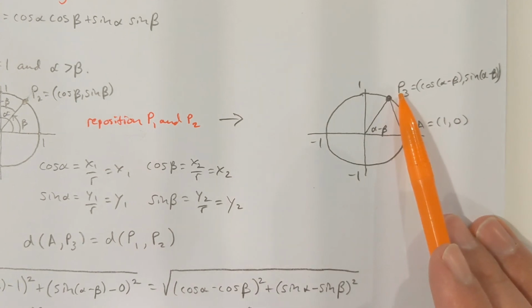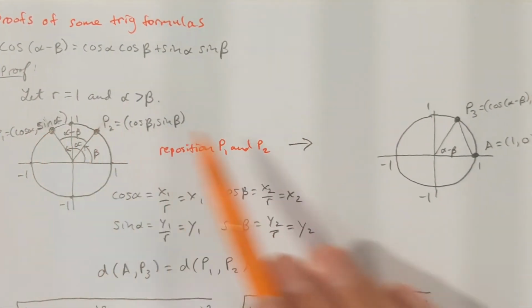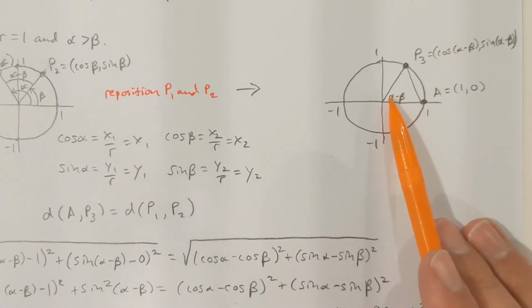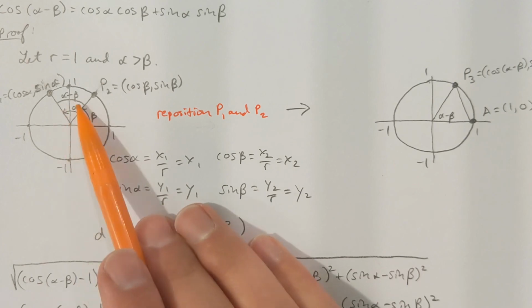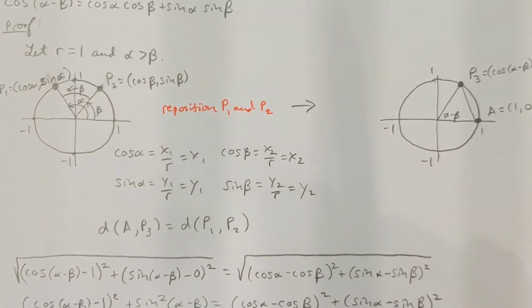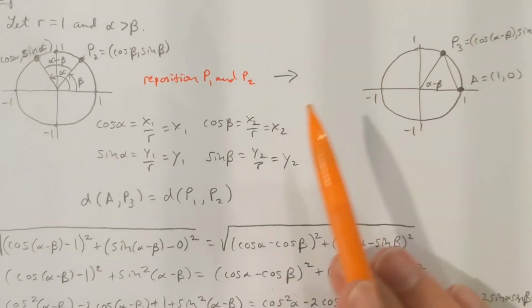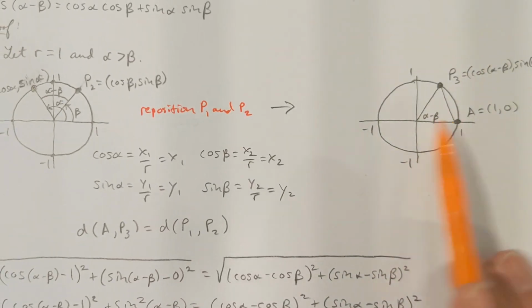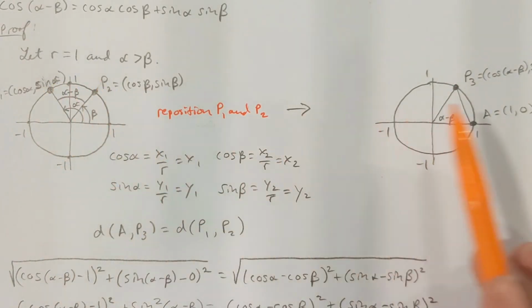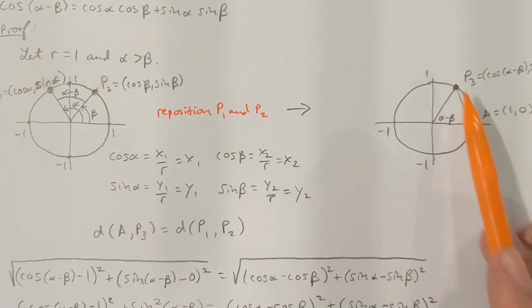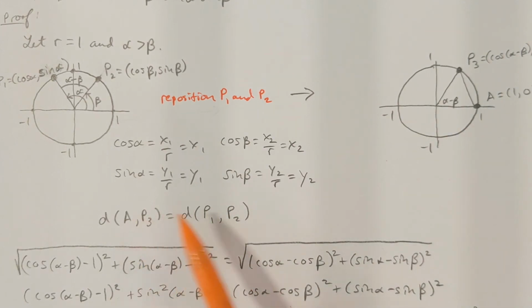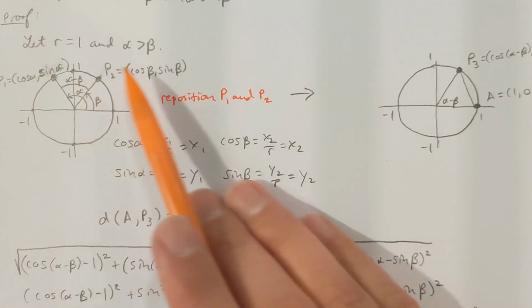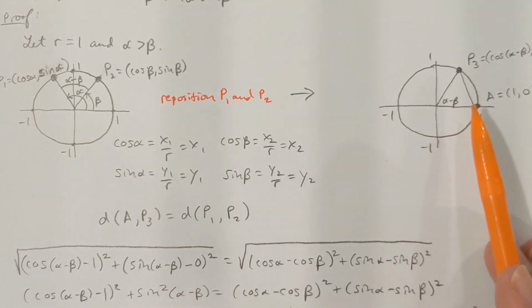Here is point P3, which would be the relocation of point P1. The angle between these would be alpha minus beta, just as it was between P1 and P2. Now if I draw a line from P1 to P2 and a line from A to P3, that distance would be the same between those 2 points, since I've really just rotated these 2 points to have the 1 point at a different location.